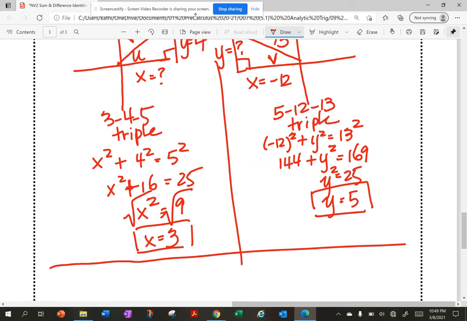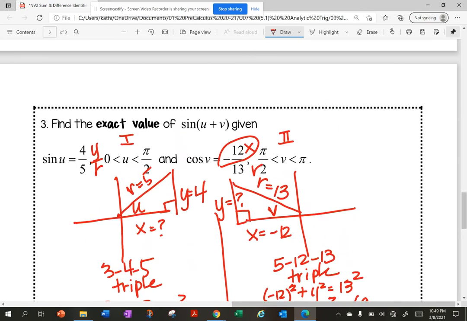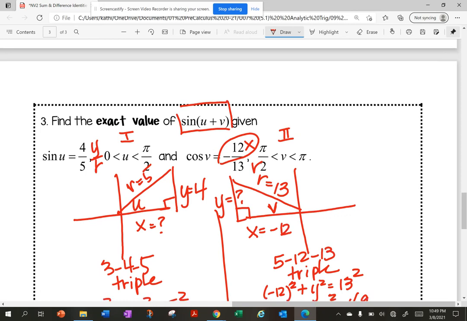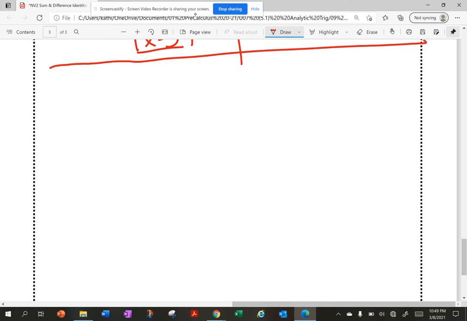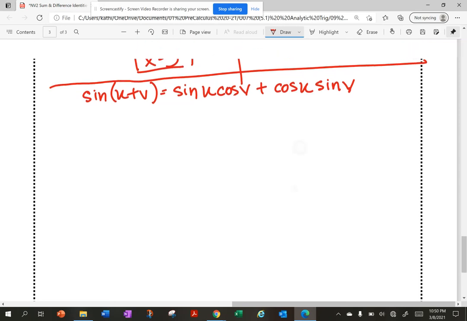Now that I know what everything is, I'm going to expand out the sine of u plus v from the formula on the first page. The sine of u plus v equals the sine of u times the cosine of v plus the cosine of u times the sine of v.